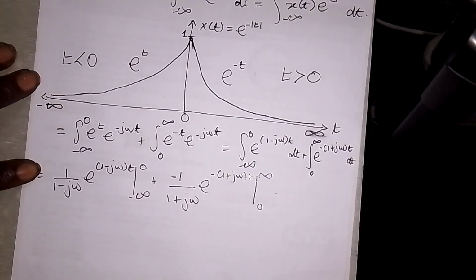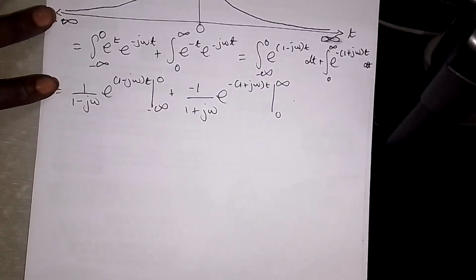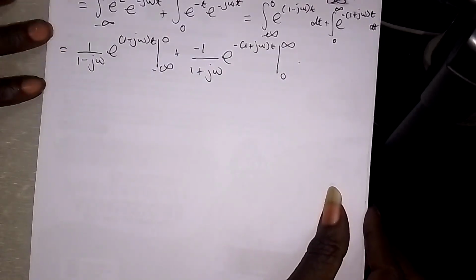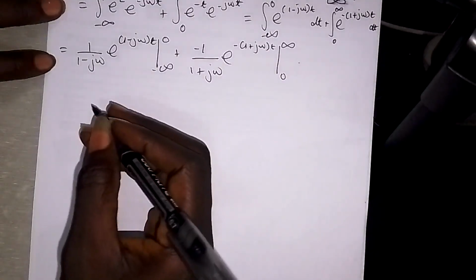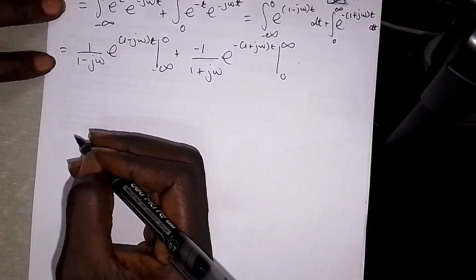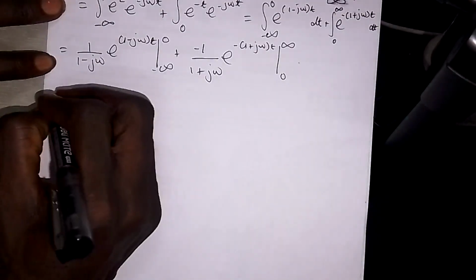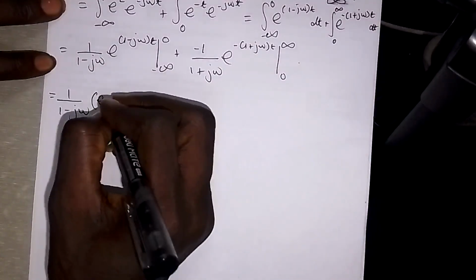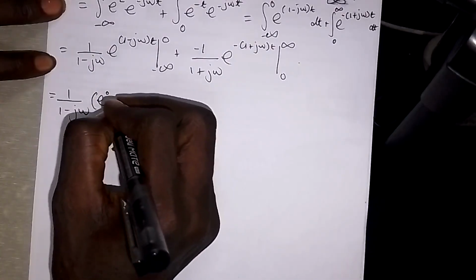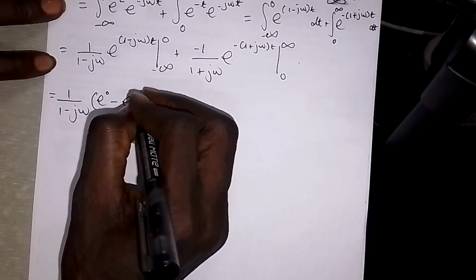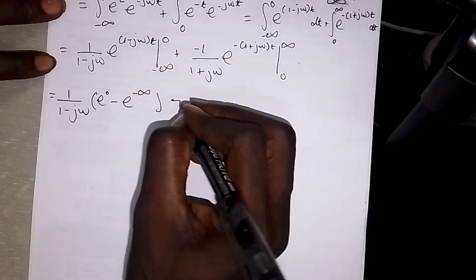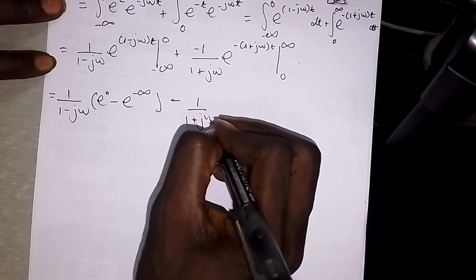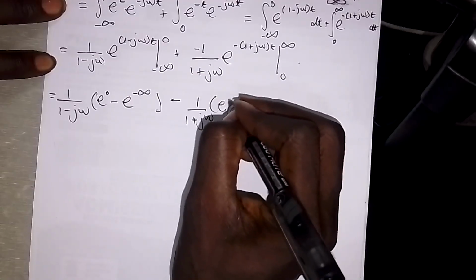Now I can just introduce my limits. It's going to be 1 over (1 minus j omega) into e to the 0 minus e to the minus infinity, minus 1 over (1 plus j omega) into e to the minus infinity minus e to the 0.